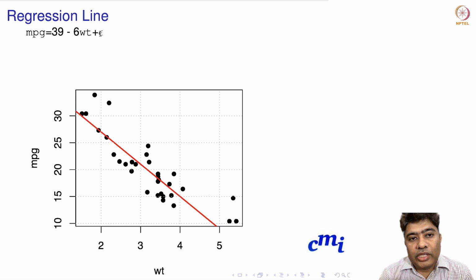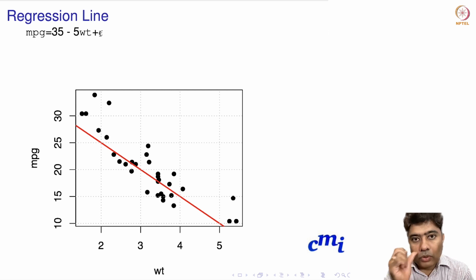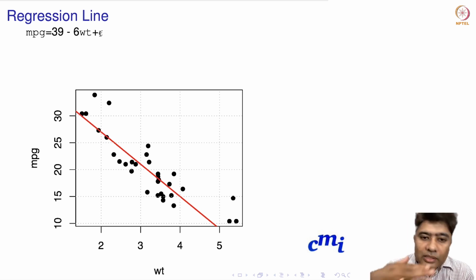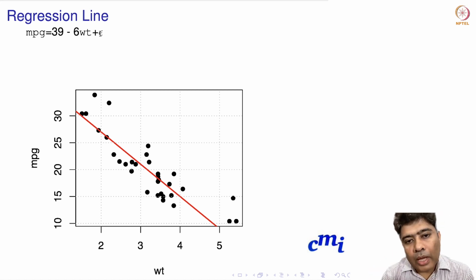Now if I change it to 39 and minus 6, the model is also changing. You can see, there are only 2 values that I'm considering for beta naught and beta 1, 35 and minus 5, and 39 and minus 6. And you can see the model is changing accordingly.